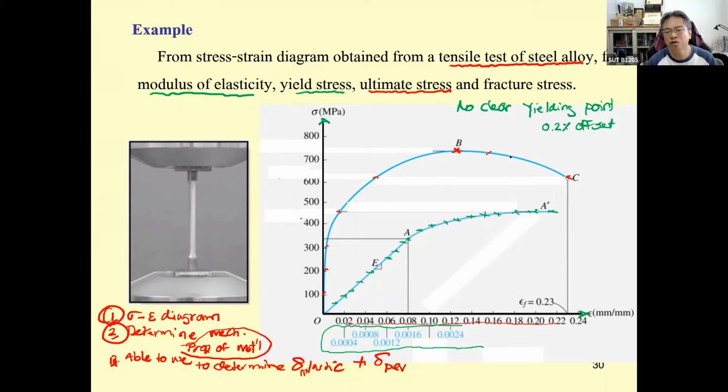You're going to use this curve, with the rough scale, to determine the ultimate and the fracture stress. The ultimate is very easy. Put the ruler down and draw a horizontal line. You have to draw it carefully and cut it at the point. The problem is you have to use your ruler to determine this one.